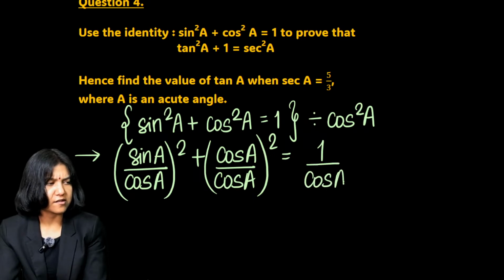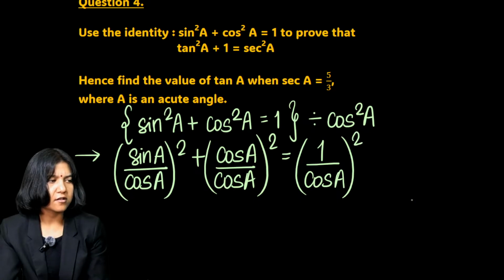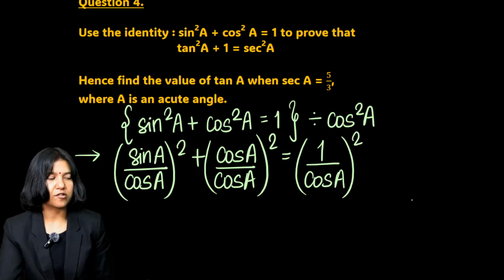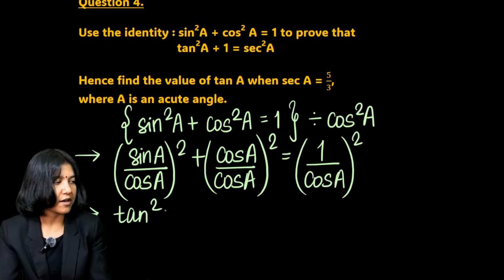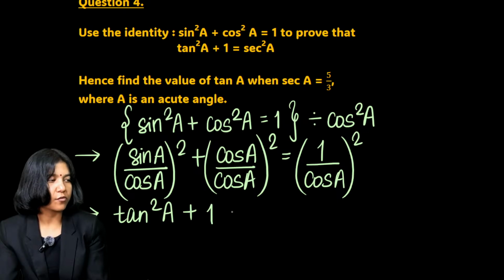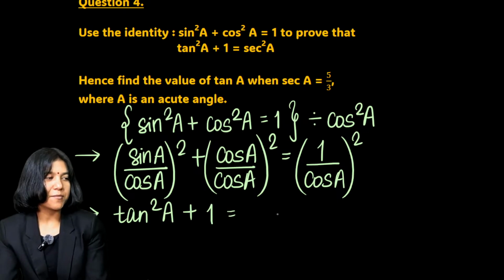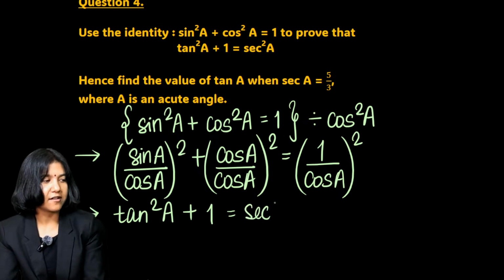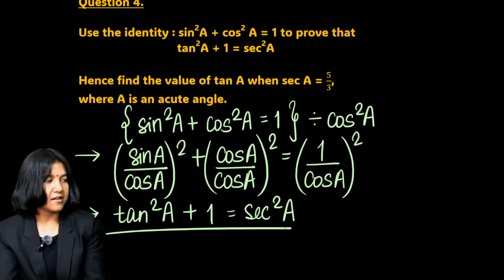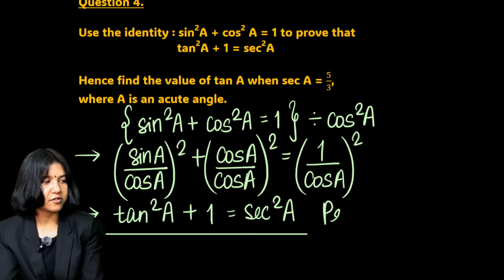It's optional whether you write whole square or cos square a alone, because you have 1 at the top. Sine by cos is tan, so that gives me tan square a. Cos upon cos is 1, so 1 square is just 1. 1 by cos, reciprocal of cos, is sec square a. Yeah, I just proved it. Proved.